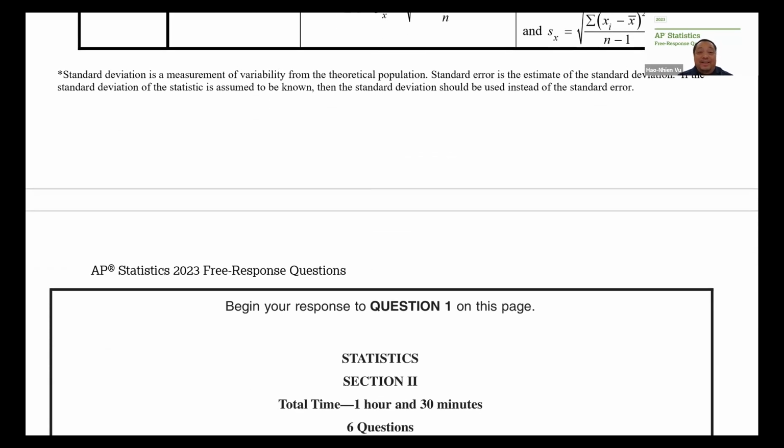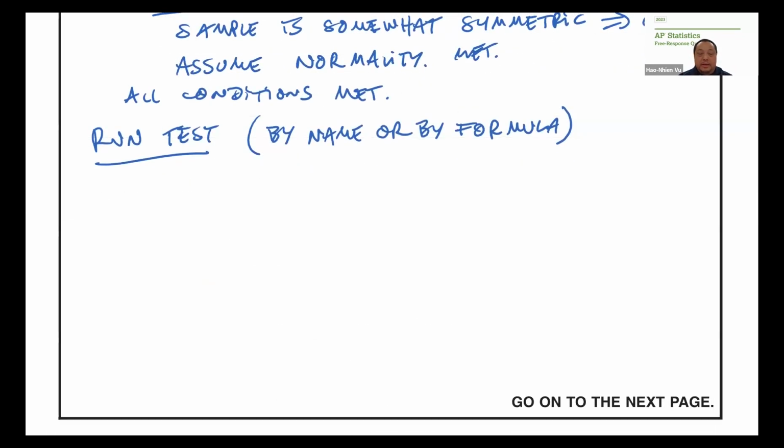And you don't see anything involving the t-test. You give up on that idea, and now you have to identify the hypothesis test by name. The name of this test is a matched pairs t-test.